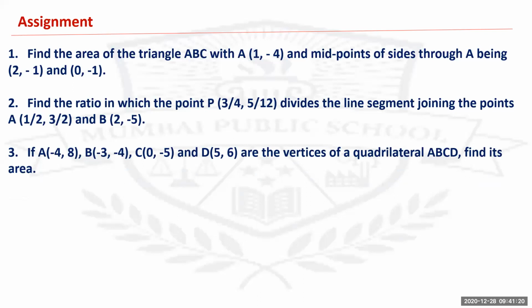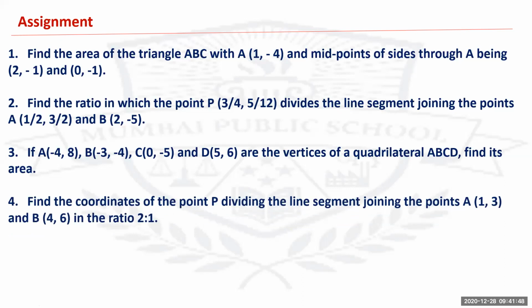Now, when you have to find its area, remember, first you have to find all the sides of the quadrilateral. After getting all these sides, you'll exactly come to know whether the quadrilateral is a rhombus, a square, a rectangle, or a parallelogram. And then you can apply the formula for this.